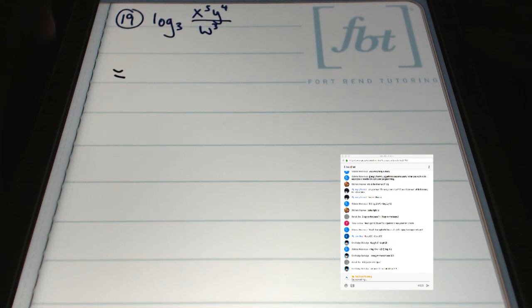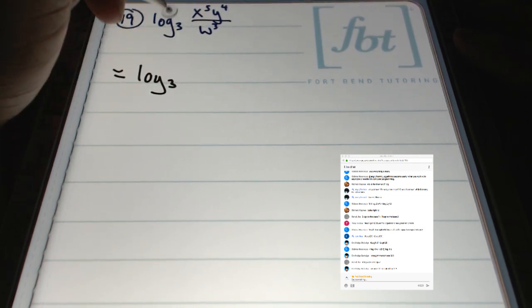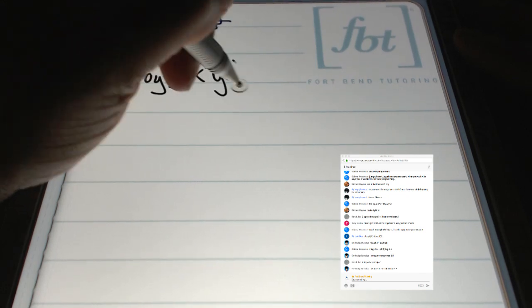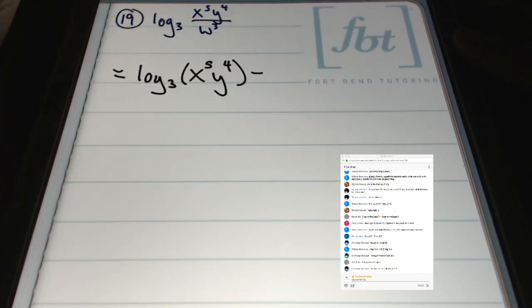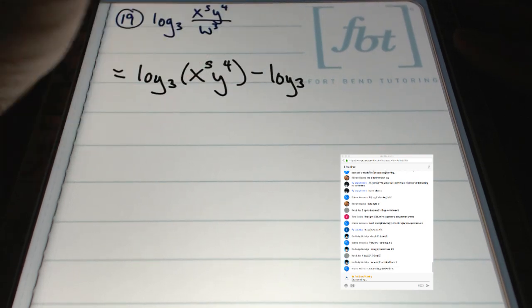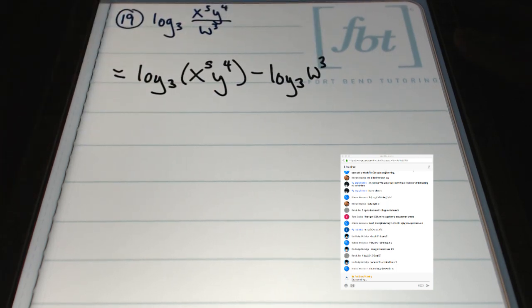For those that didn't know, we'll be using the quotient rule for this problem, guys. We'll have log base 3 of our numerator, which is x to the 5th power, y to the 4th power, minus log base 3 of the denominator, which is w cubed, like so.